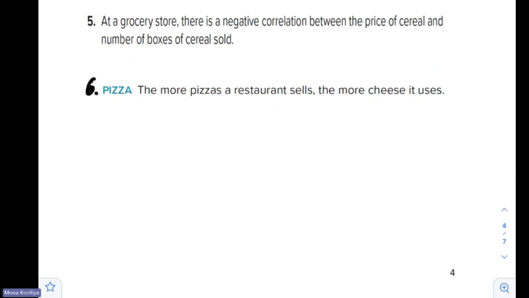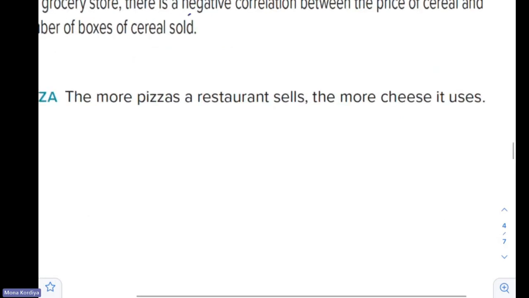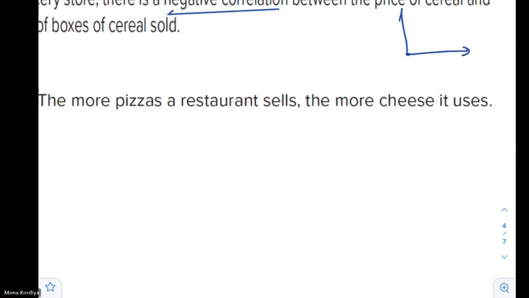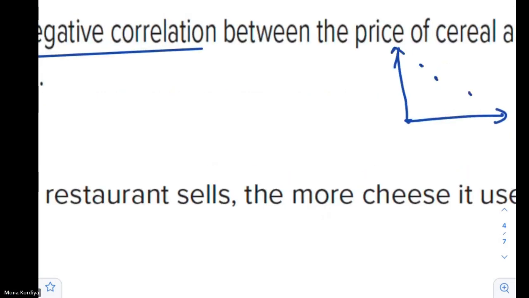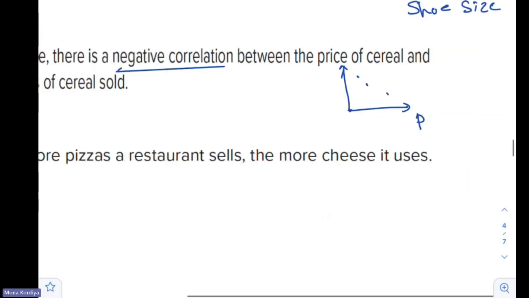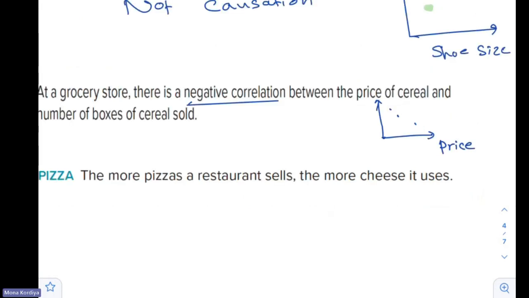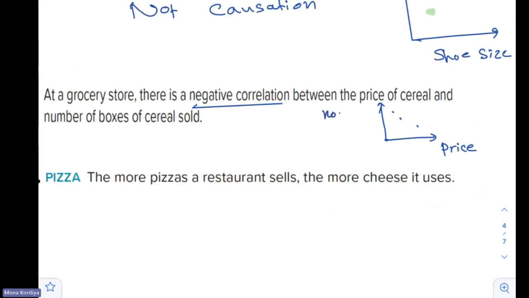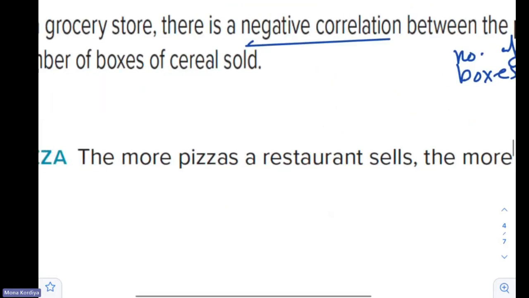At a grocery store, there is a negative correlation. He mentioned that it's negative correlation, which means it's decreasing. Between what? The price of cereal and the number of boxes. So definitely it's negative correlation, as he mentioned. Now let's check the causation.